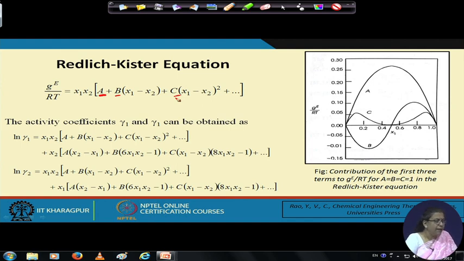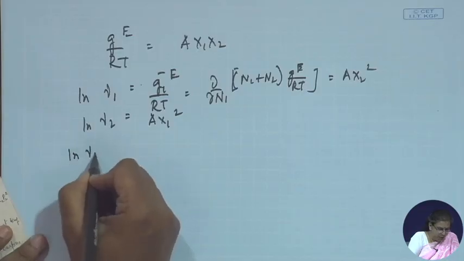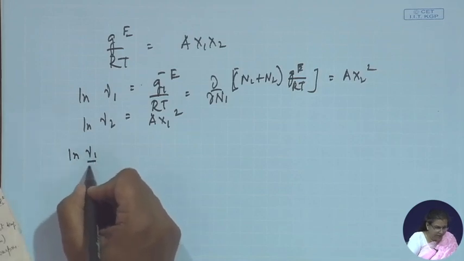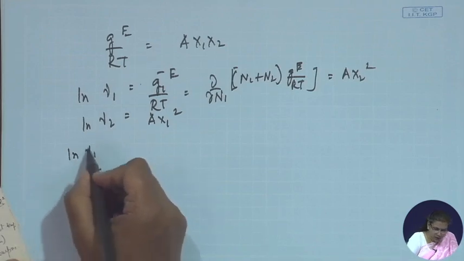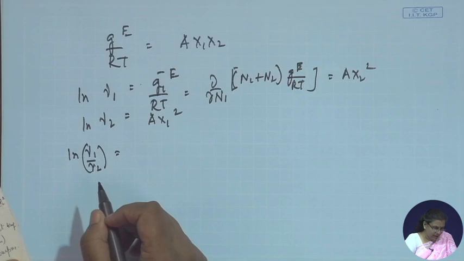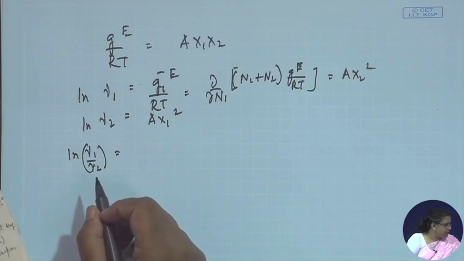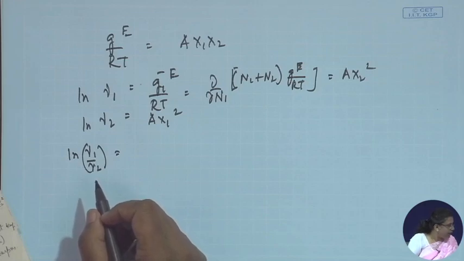So, if we have expressed G E by RT by this equation, the activity coefficients can automatically be expressed in the way we have shown, and from there we can express ln gamma 1 and ln gamma 2 in this particular equation, and we can subtract the 2 to find ln gamma 1 by gamma 2.